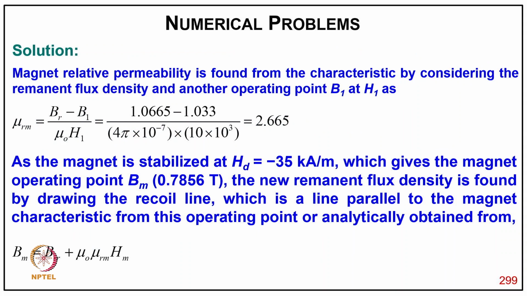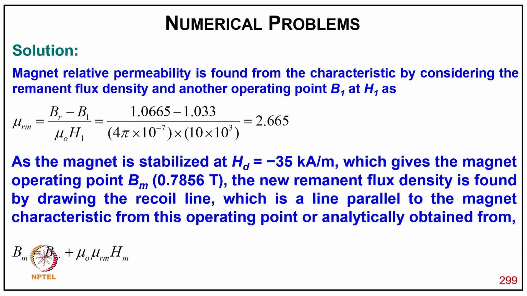Now coming to the solution, the magnet relative permeability is found from the characteristic by considering the remanent flux density Br and another operating flux density B1, H1 as mu Rm equal to Br minus B1 divided by mu 0 H1, and putting the value it comes 2.665. As the magnet is stabilized at Hd equal to minus 35 kiloampere per meter, which gives the magnet operating point Bm equal to 0.7856 Tesla.